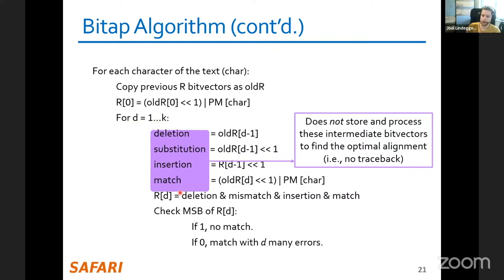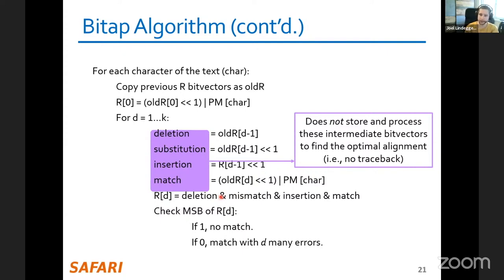Then BiTAP has another issue. It's not just lacking this kind of parallelization, it's a bit slow, but it also lacks some functionality that we need. Recall that we really want to report these cigar strings, this list of edits to convert one string into the other. And for that, we need something called traceback. And BiTAP out of the box does not support it.